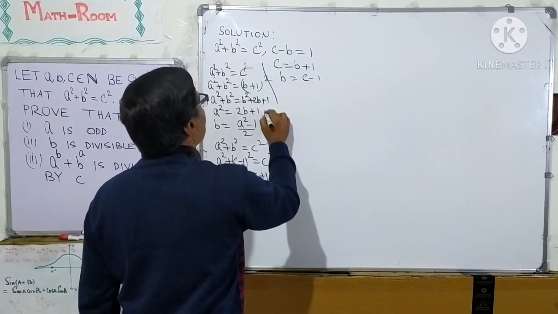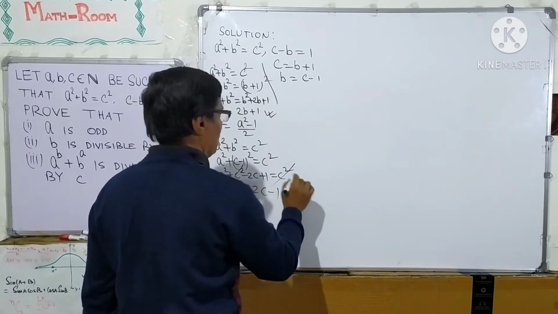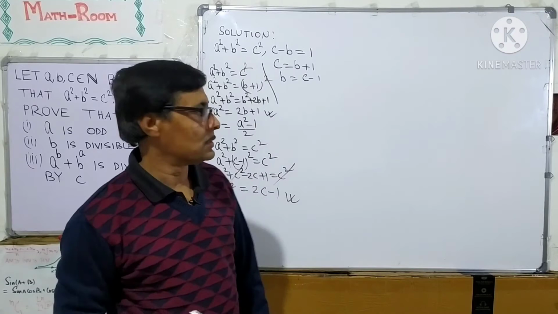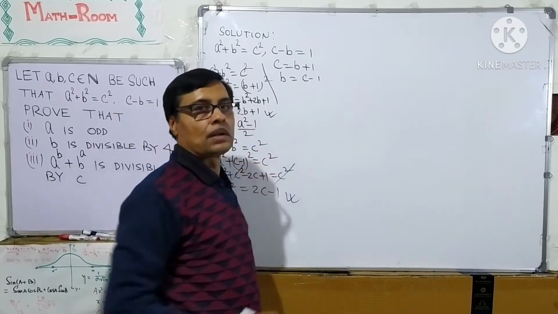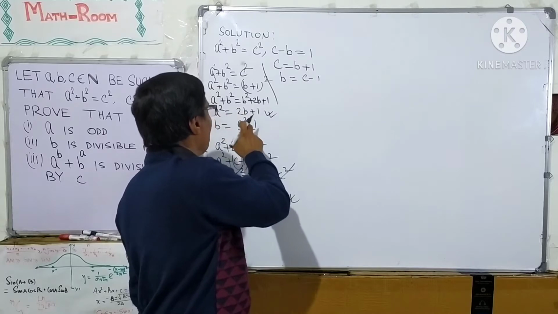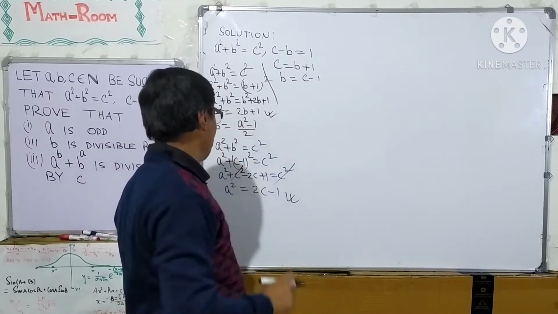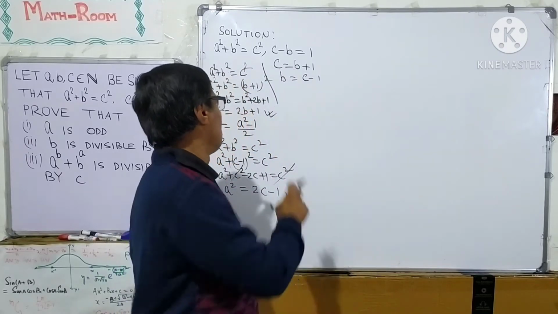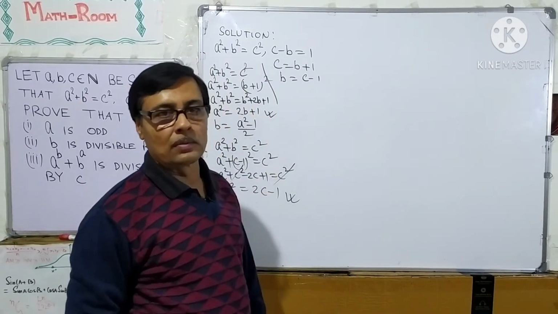From these two observations, we can conclude that a square is an odd natural number, because if a square is divided by 2, then we get remainder 1.